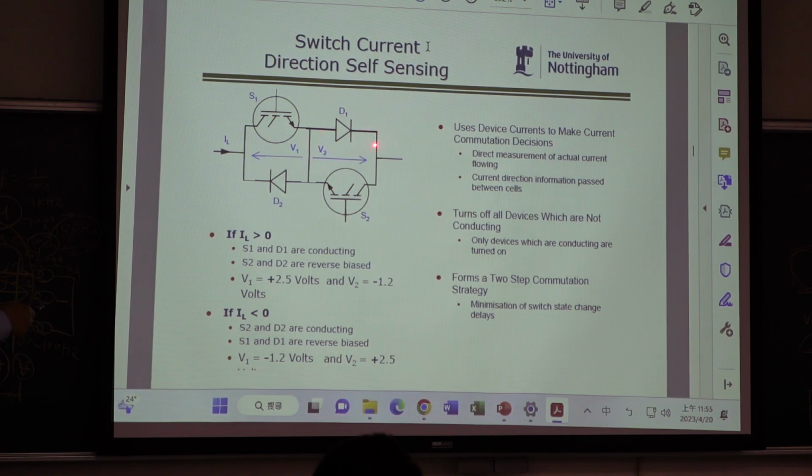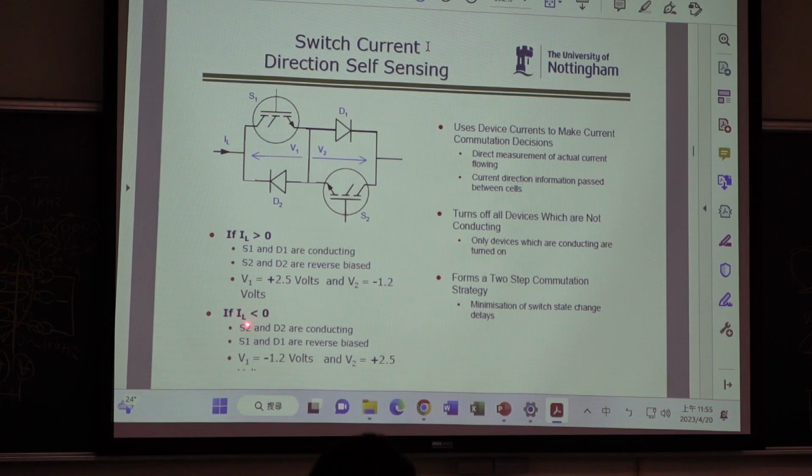This is plus, this is minus, but this is ground, which means D2 is minus 1.2. But V1 is IGBT 2.5. So if you detect V1 2.5, V2 minus 1.2, do you know which current flows? Yes, you know it goes this way, right?